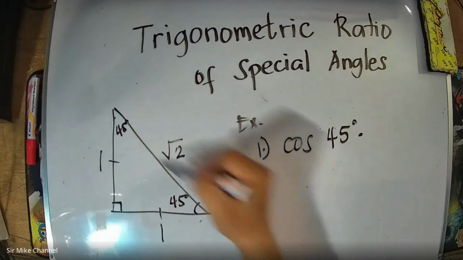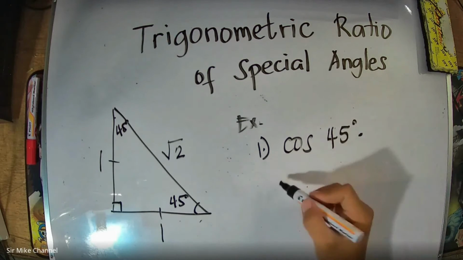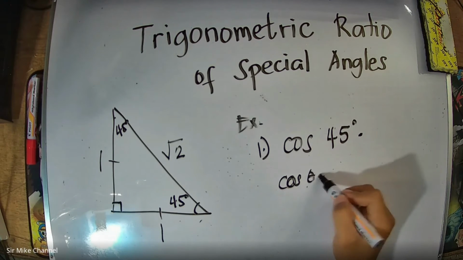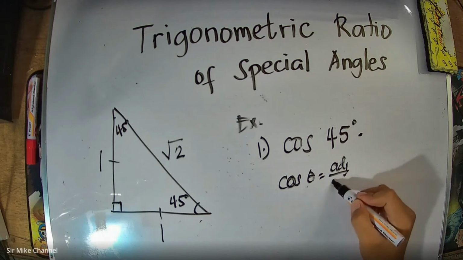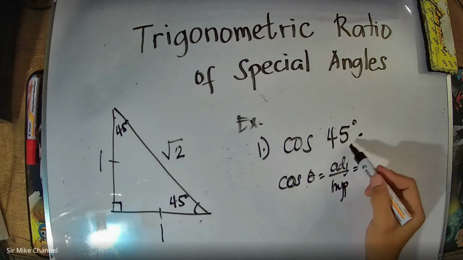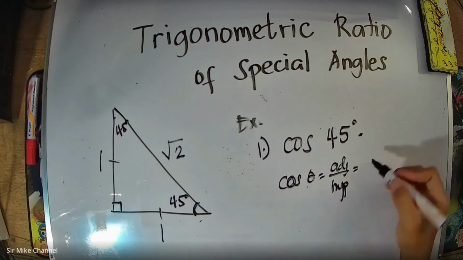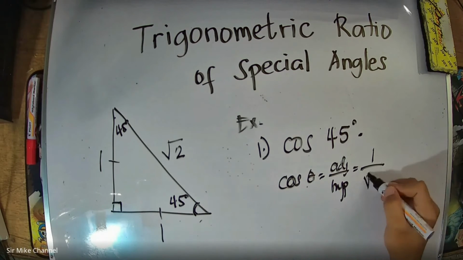So using this triangle, diba ang formula ng cosine theta natin is adjacent over hypotenuse. So let's say 45 degrees, alin dito, ito yung 45. So ang adjacent natin dito ay 1, and yung hypotenuse natin square root of 2.